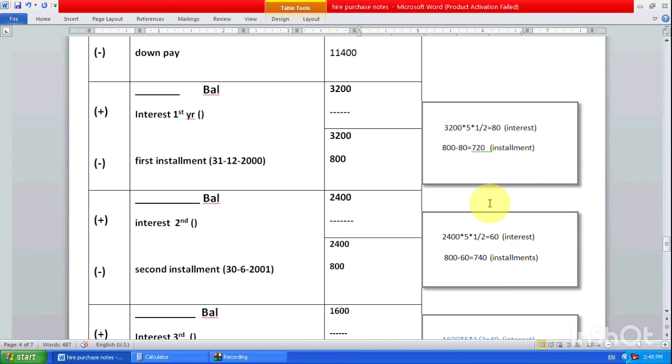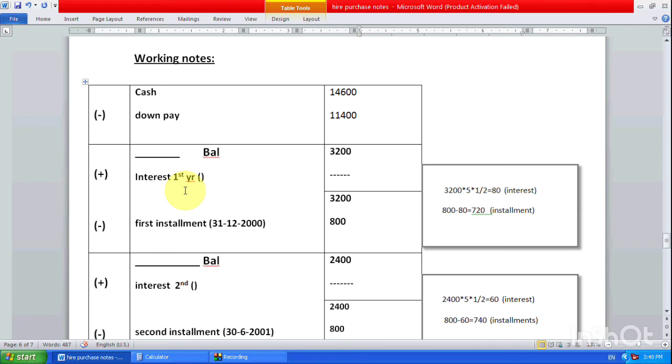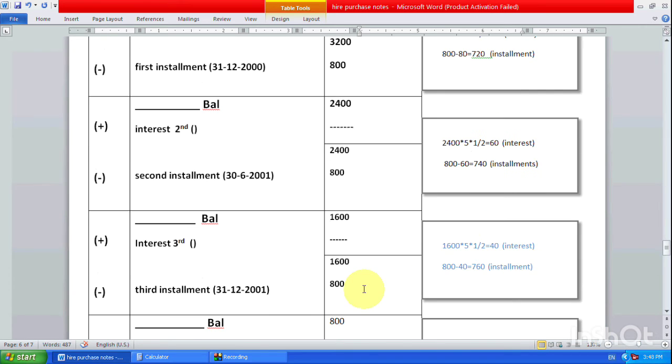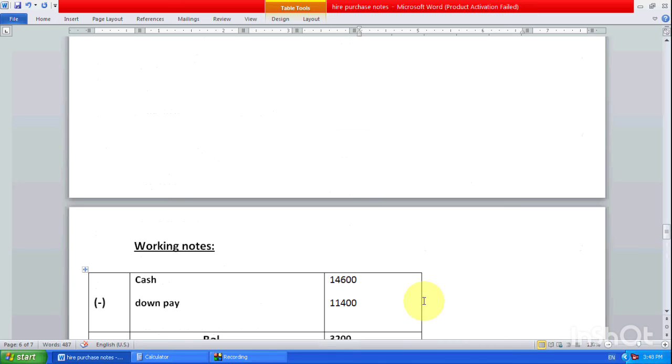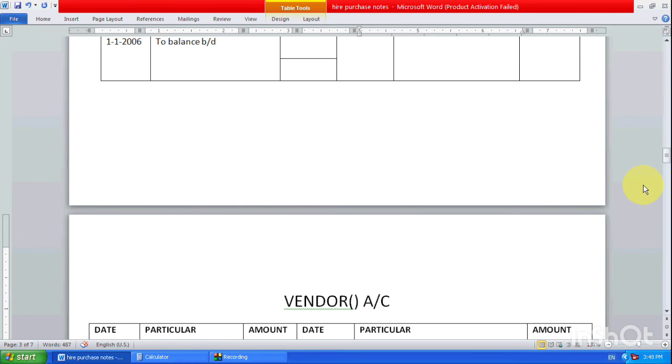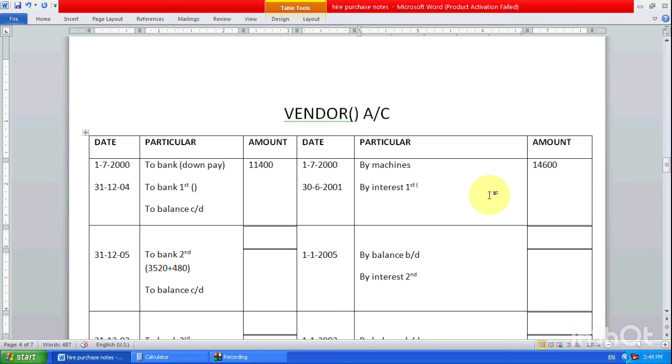See the interest here: first half is 80, second half is 60, overall for 1 year 140. I am writing a detail note, so 80 plus 60 is equal to 140.